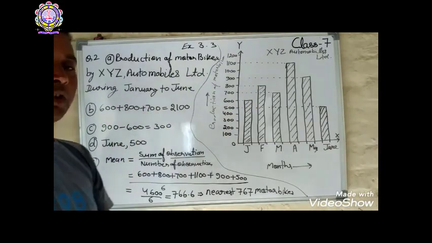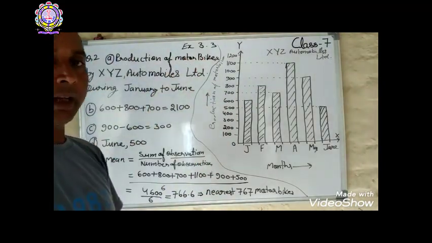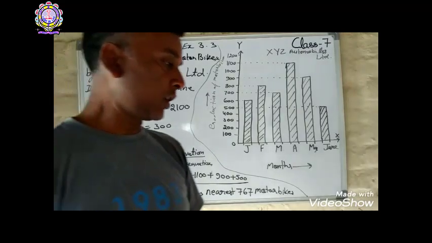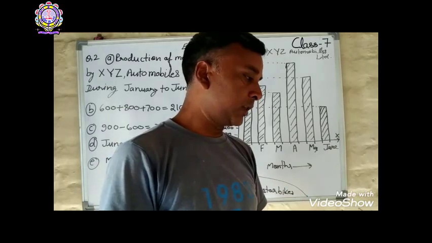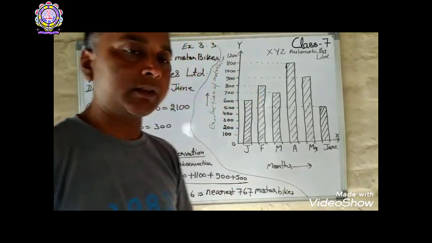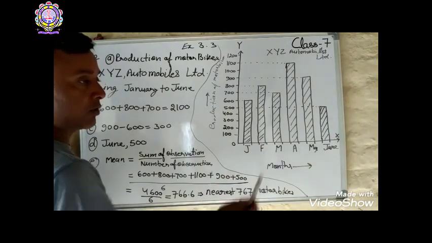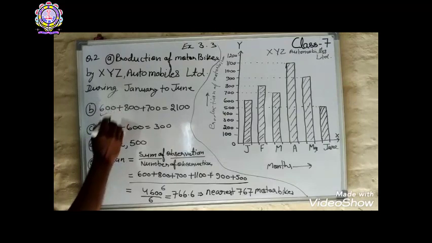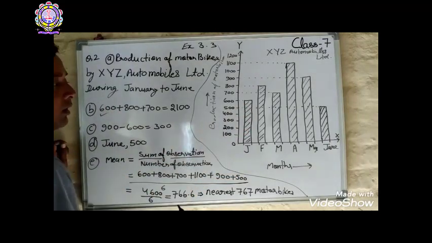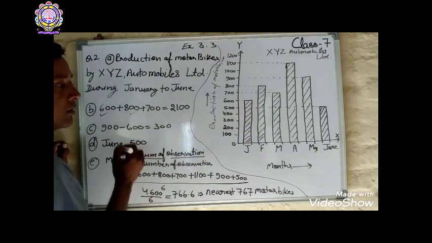So first note the question and write the answer in your answer sheet. Question number 2. How many motorbikes were produced in the first 3 months? In January, in February, in March. In January there are 600 motorbikes. In February, 800 motorbikes.